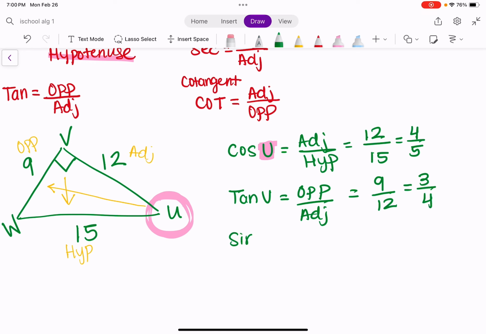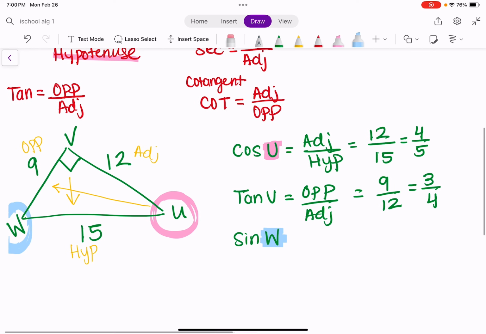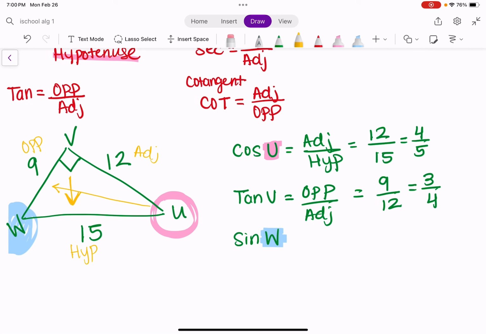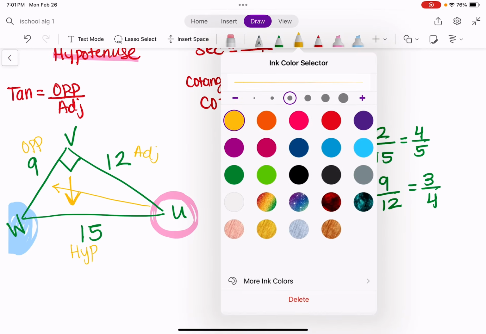Now let's find the sine of w. If you notice, we're now dealing with w instead of u, which means we're actually going to have to relabel our triangle because it's different now, okay? So now we're focusing on w, which I've circled right here. If you notice, your hypotenuse actually stays the same, right? It's across from the 90-degree angle. But now, I'll change the color.